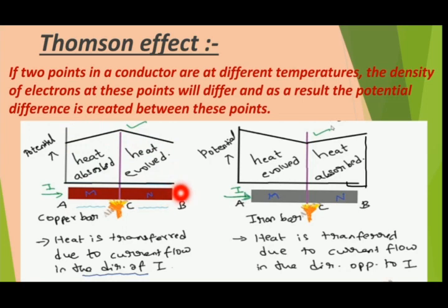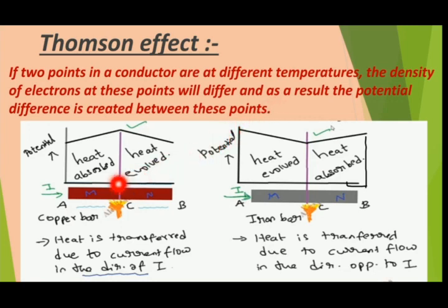Now we can take two metals, copper and iron. Now listen to it. In the Thomson effect, it is stated that if two points in a conductor are at different temperatures, the density of electrons at these points will differ, and as a result, a potential difference is created between these two points.